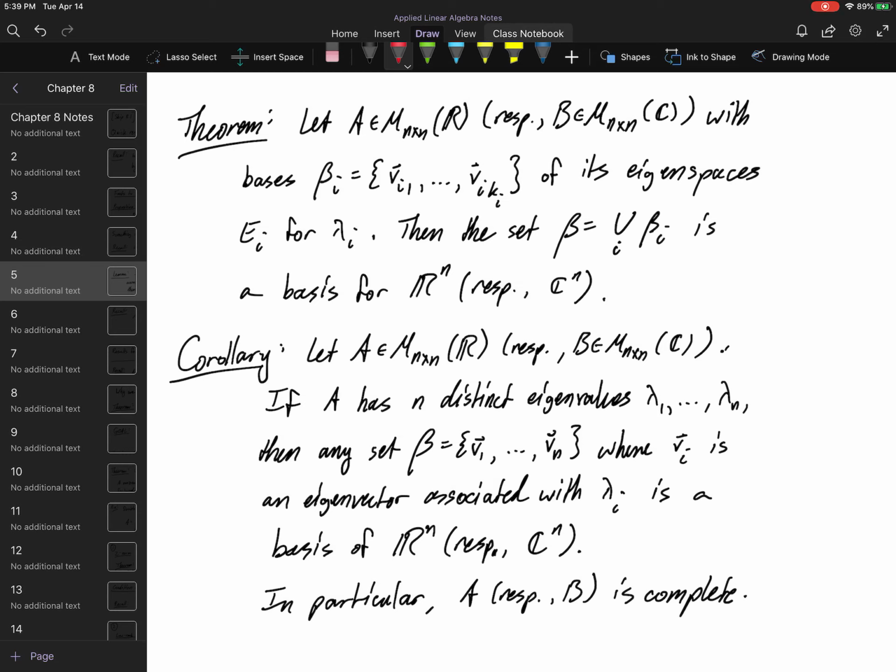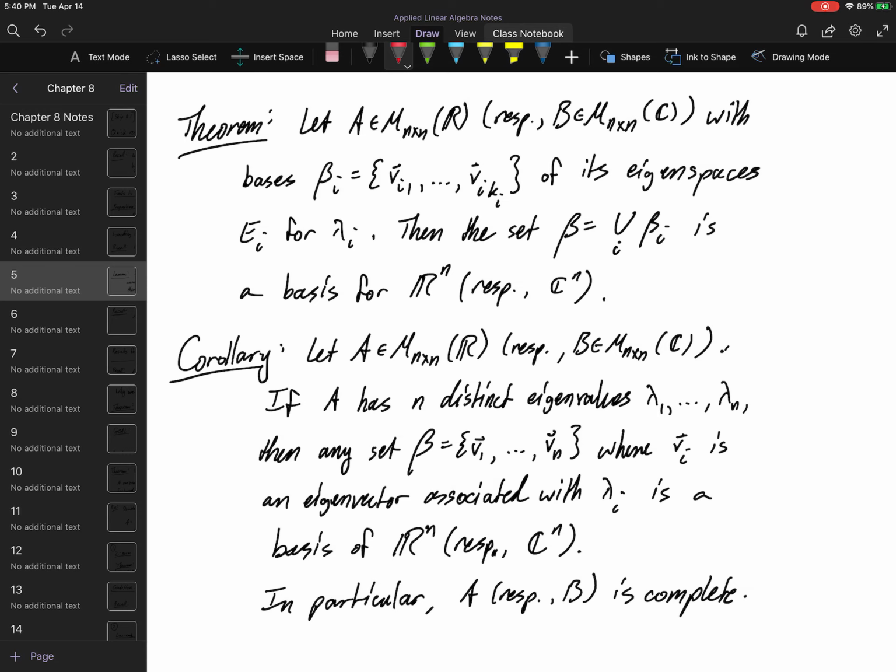So gluing all these guys together into one set, that's what this union notation is. That I'm creating one conglomerate basis, one amalgamated basis that is comprised of eigenvectors for my matrix.